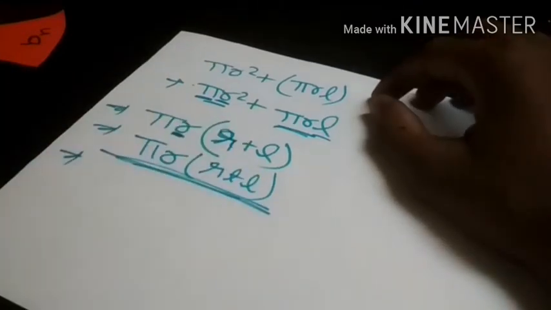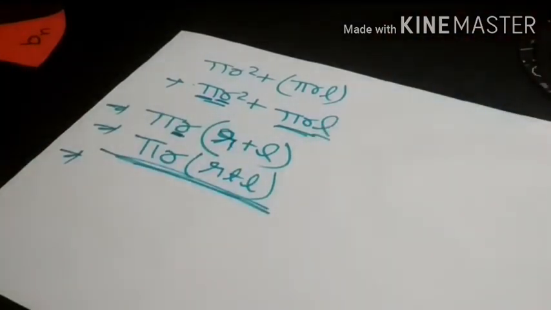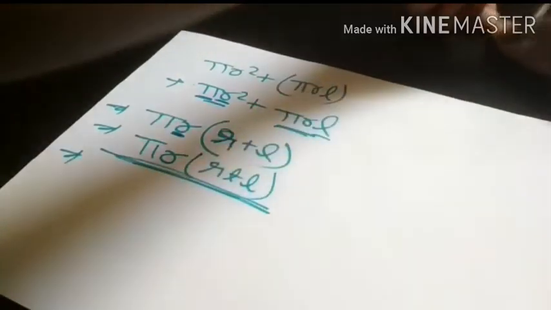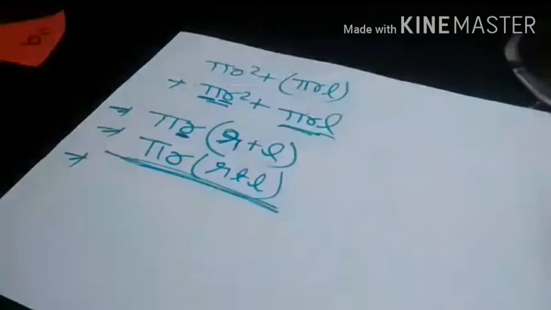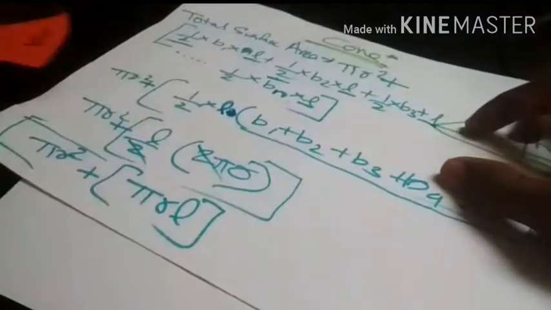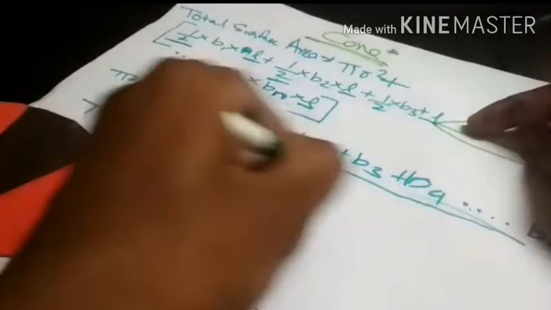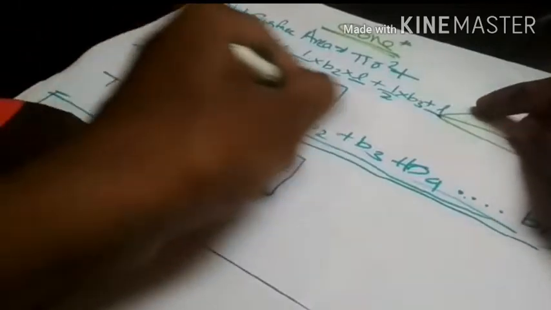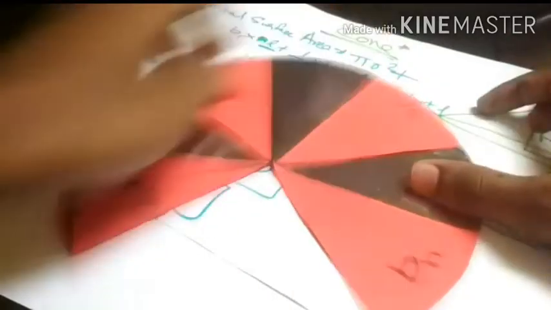Now what about lateral surface area? As you have seen, the curved surface area is the area of this cone. We divided the figure into triangles and took out the area of this whole curve, so it will become the curved surface area.